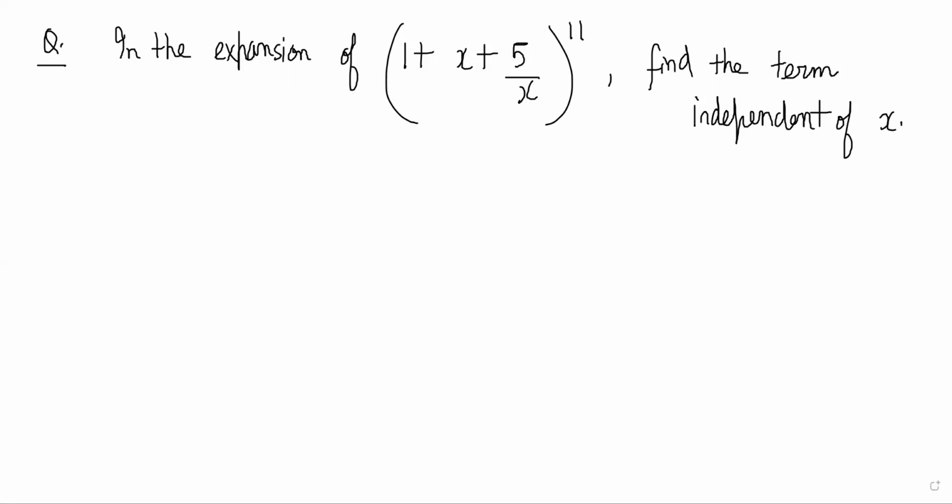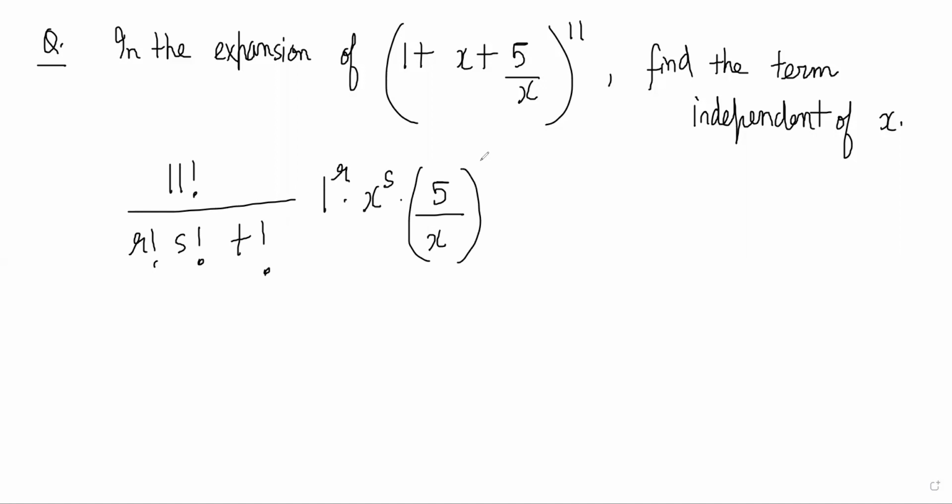There will obviously be many terms which might be independent of x. You'll have to think about how you would get an independent of x term, right? Right. Ideally, the general term of this series is 11 factorial by r factorial, s factorial, t factorial, and it will be 1 power r, x power s, and 5 by x power t such that r plus s plus t is equal to 11.